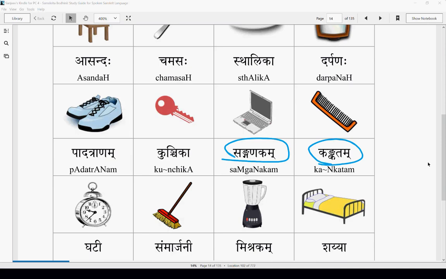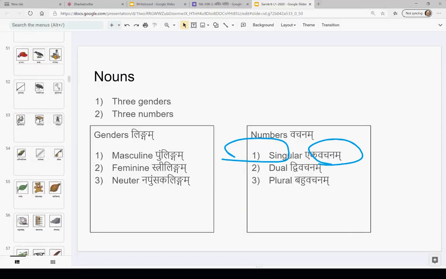Okay. You said this will be fifth letter in that Varnamala, right? Yeah. So let's go back to Varnamala.